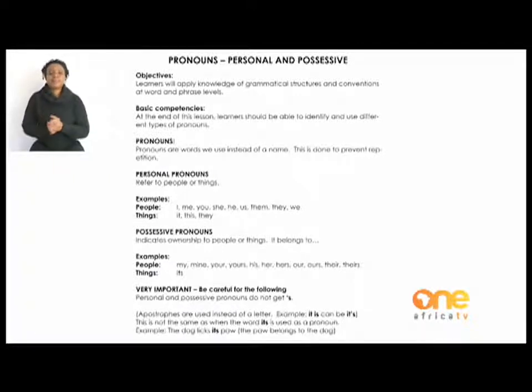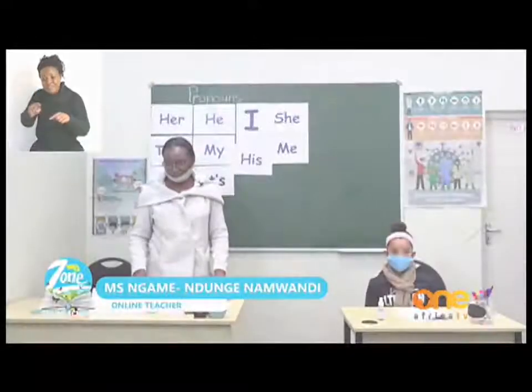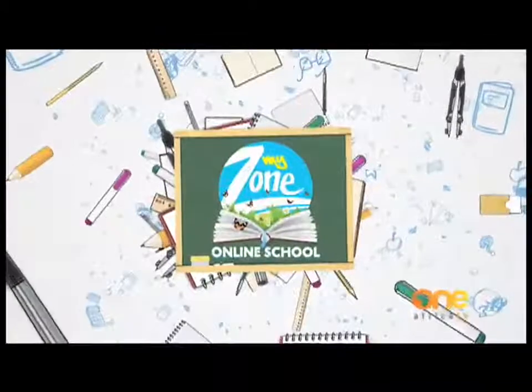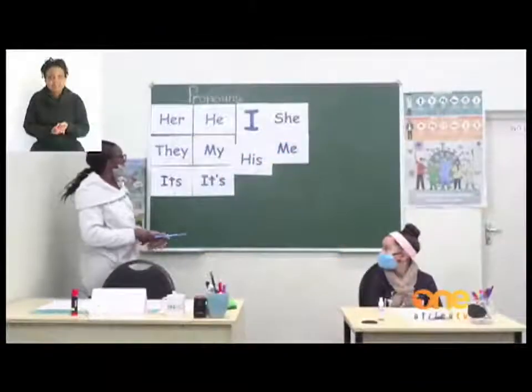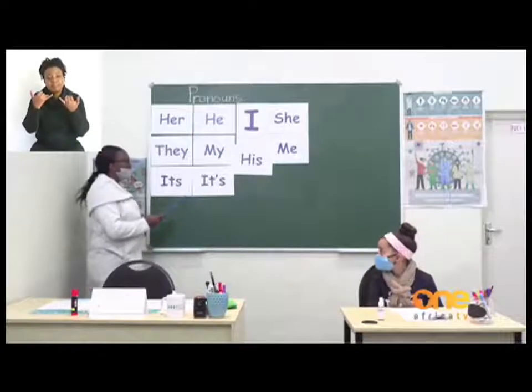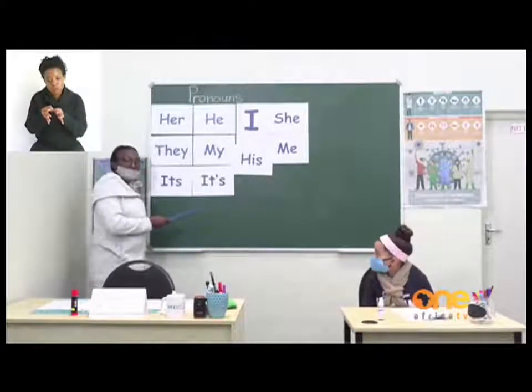Now, very important, I just want to make something very clear because we confuse its with an apostrophe and its with belonging. Now, let us look on the chalkboard. I am going to explain the difference between the two.